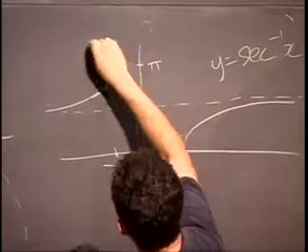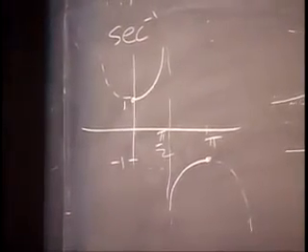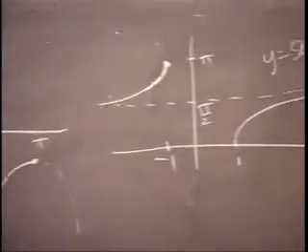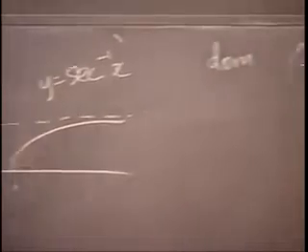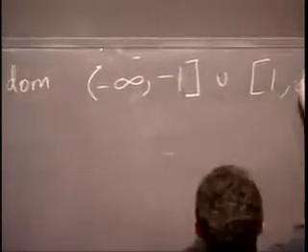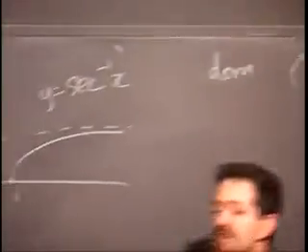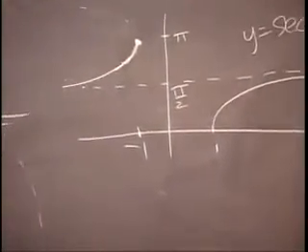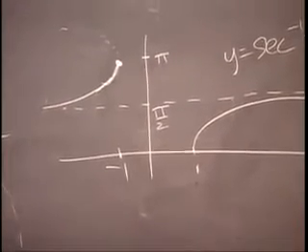Because if we kept on going, it would turn around. Anyway, so let's see. The domain is actually, you can go up to -1, and you can go from 1, but you cannot go in between -1 and 1. Cosine, of course, is only between -1 and 1. Secant, the reciprocal, is only outside -1 and 1, including the endpoints.